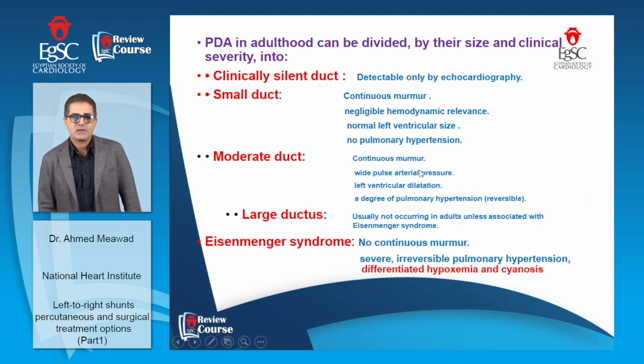With a moderate sized duct, we may have a continuous murmur, left ventricular dilatation, and a degree of pulmonary hypertension. Large ducts may result in Eisenmenger syndrome. If there is Eisenmenger syndrome, there is no continuous murmur, and there is differential cyanosis and clubbing.